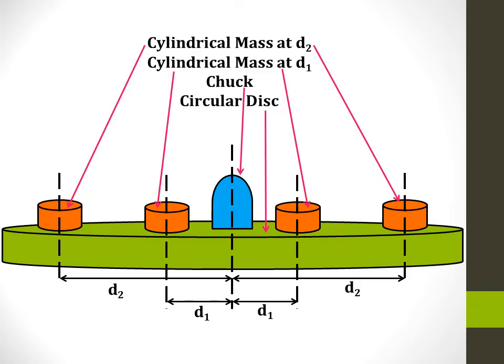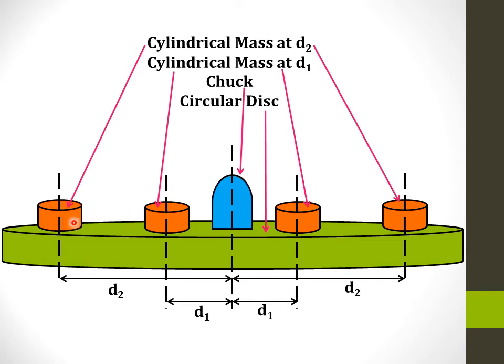Let us look at the disc a little more closely. At the center of the disc, we have a chuck, and exactly through the center we have the long cylindrical wire to pass through. On either side of the chuck at equal distances, but at a close distance d1, we have the placement of the cylindrical masses and determine the time period of oscillation T1.